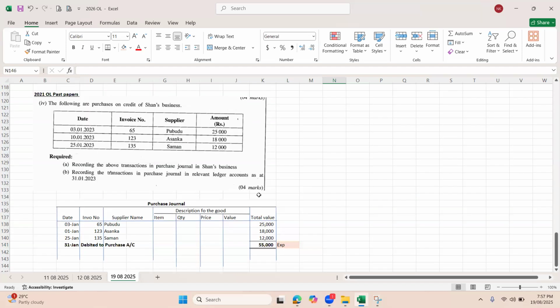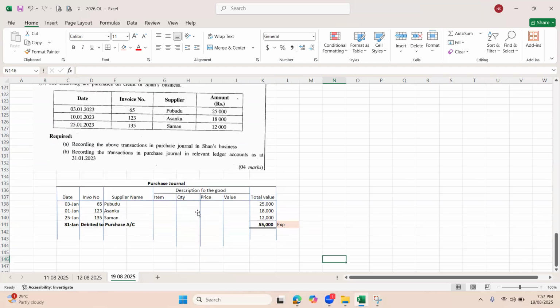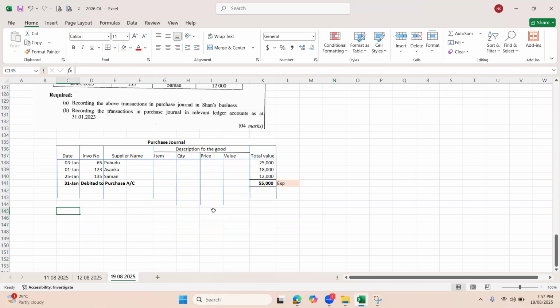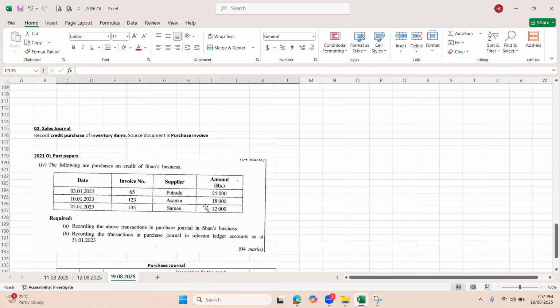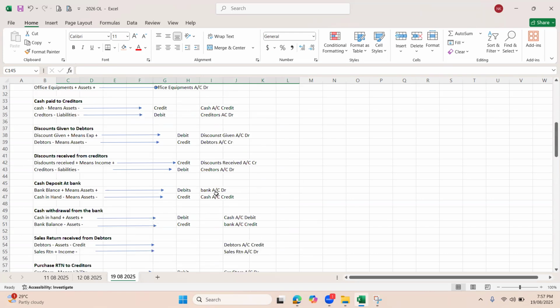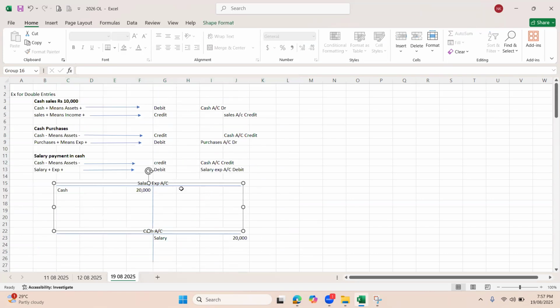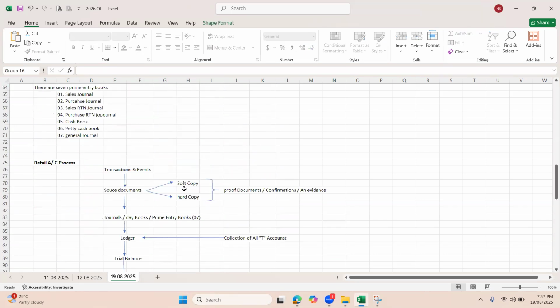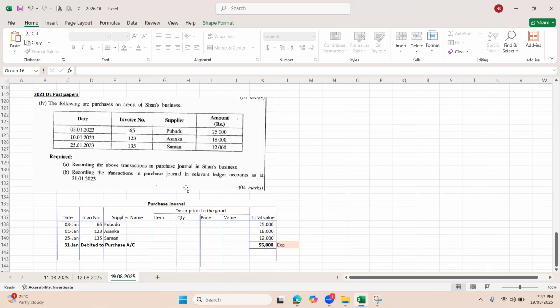Right, then they ask two things: record the above transactions in the purchase journal in Sahan's business. It's done. Then they ask for the ledger posting. So we need a purchase account, and how many creditors? Three people.